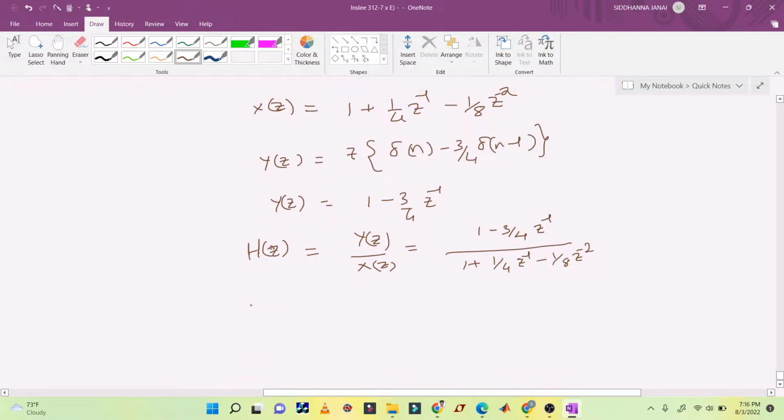Now before we find h of n for this, what we have to do? We have to simplify it using partial fractions, correct?